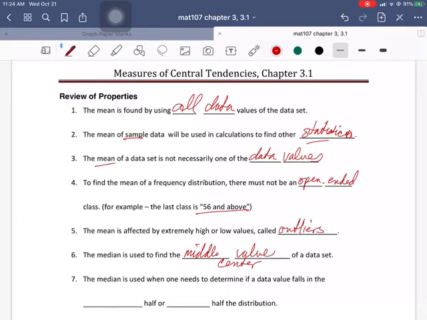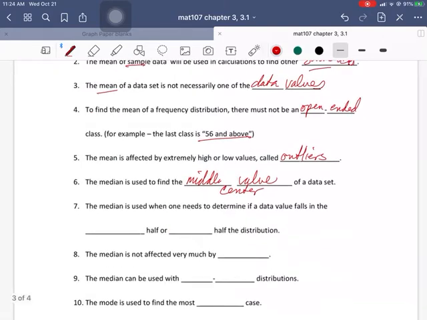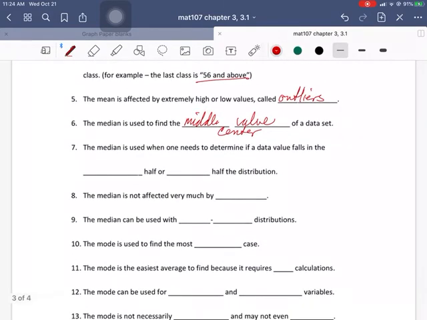If n is odd, meaning your sample size is odd, then the middle value is the center of the data set. If it's even, though, it's going to be an average of the two middle ones. The median is used to determine if a data value falls in the lower half or the upper half. The median is not very much affected by outliers.